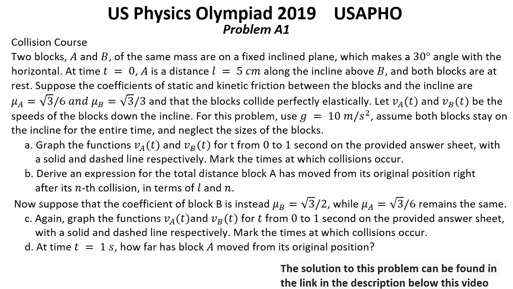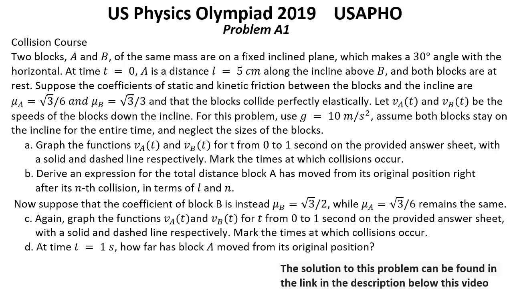Let VA and VB as functions of time be the speeds of the blocks down the incline. For this problem, use g equal 10 meters per second squared. Assume both blocks stay on the incline for the entire time and neglect the sizes of the blocks.